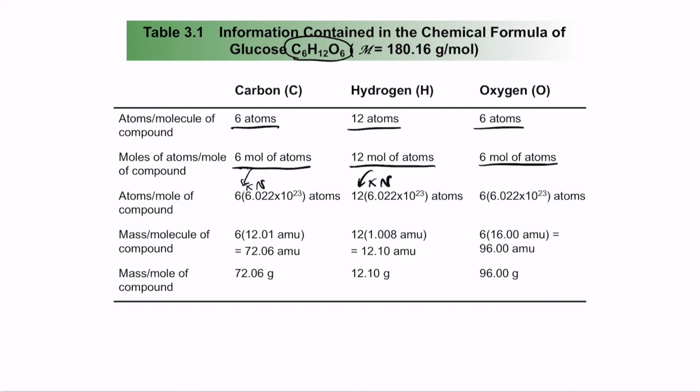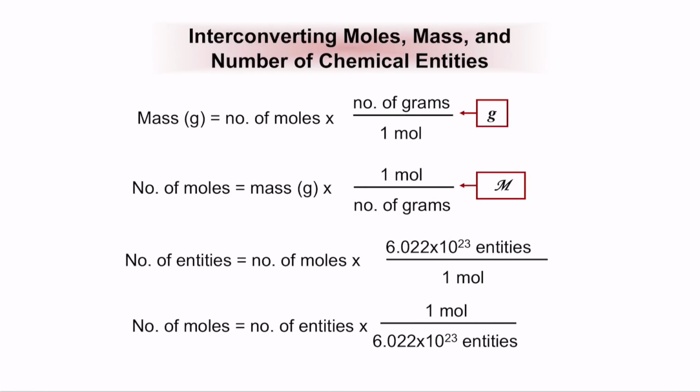When you want to calculate the mass of the molecule of the compound, we can calculate it with the atomic mass unit, but mass per mole can be calculated as grams. That's the only difference between the other quantities and here. So when you want to calculate the mass, you can multiply the number of moles with the number of grams of the substance.